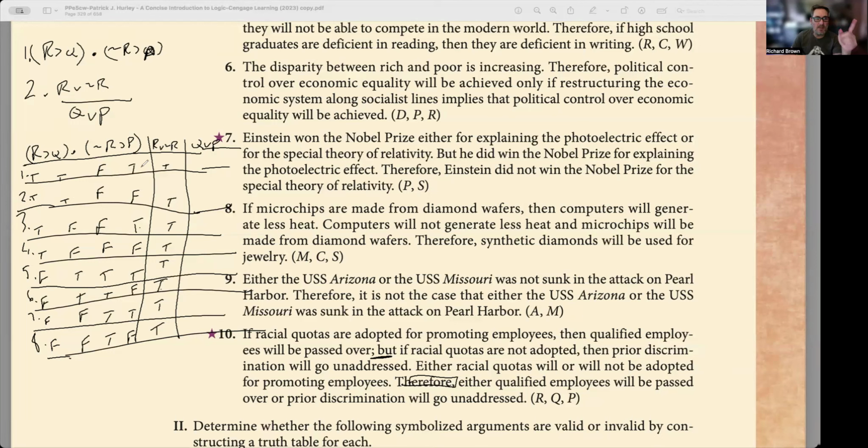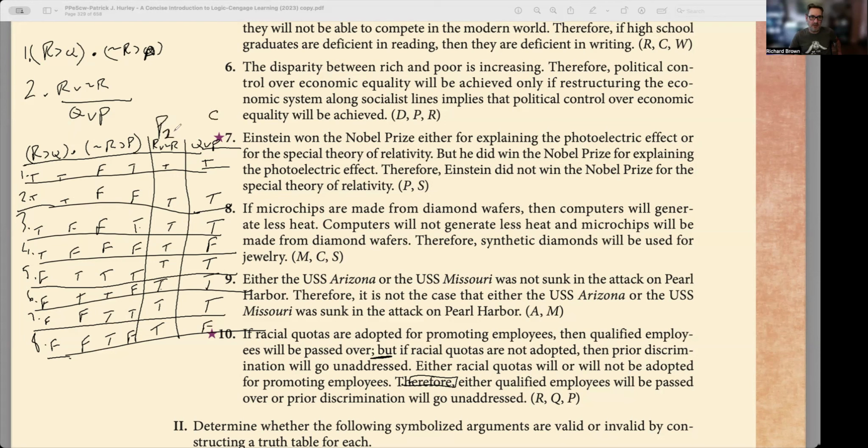So Q wedge P. Here's Q, here's P: true and true with the wedge, true and false with the wedge, false and true with the wedge, false and false with the wedge, true and true, true and false, false and true, and false and false. So that's our conclusion.